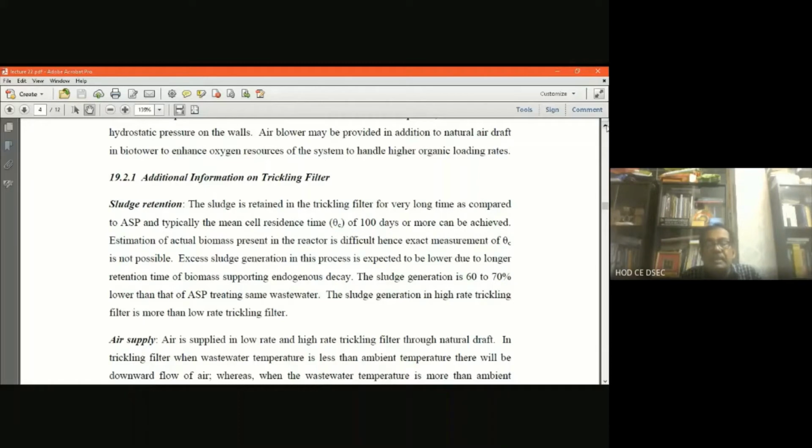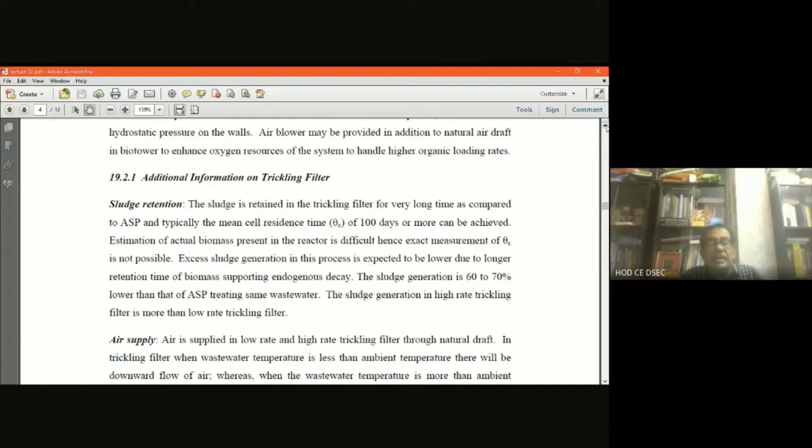So the mean cell residence time can be much higher in this attached growth process compared to the suspended growth process. Estimation of the actual biomass present in the reactor is difficult, so theta C cannot be determined accurately.